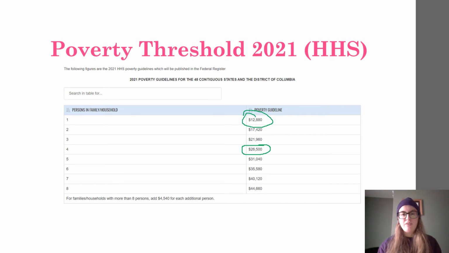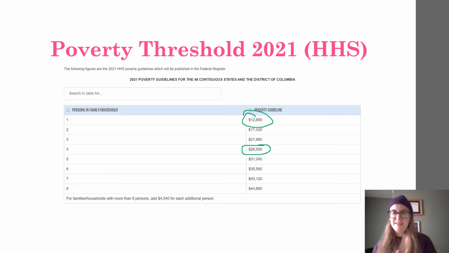Yes, we have a guideline of $26,500 for a household of 4, but what's included in there? For many people in these types of jobs earning this money, do they have benefits at all? Do they have medical coverage, dental coverage? How are they living?